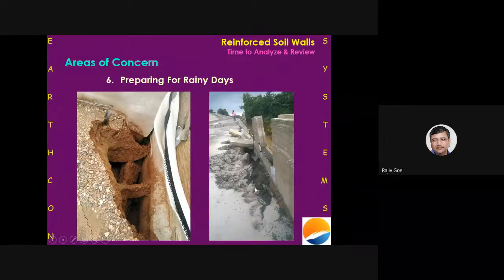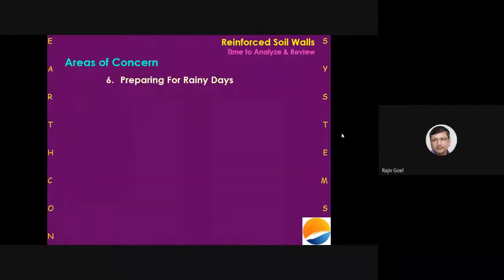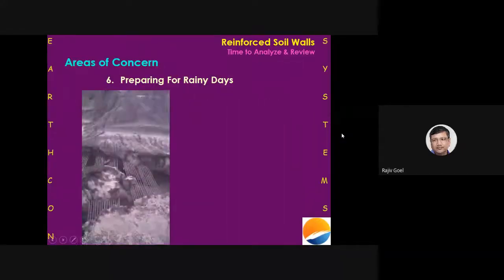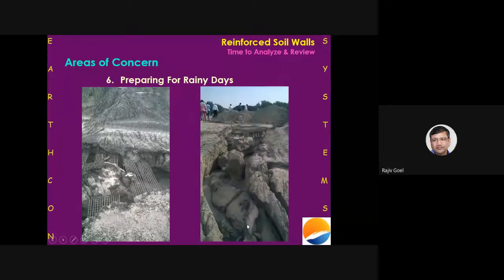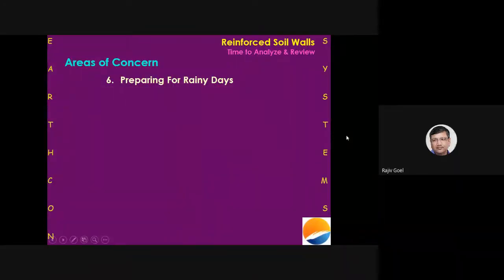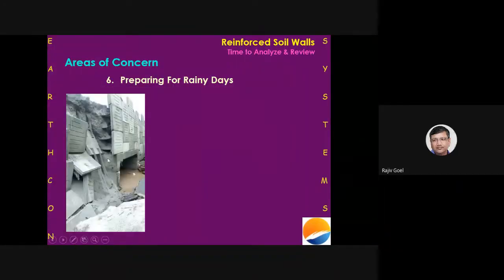Some more pictures as to what can happen if the rainwater is not discharged properly. A lot of gully formation happened. All this backfill gets eroded. The geogrids are exposed. At times, even the fascia panels fall out. And this is all because of rains.